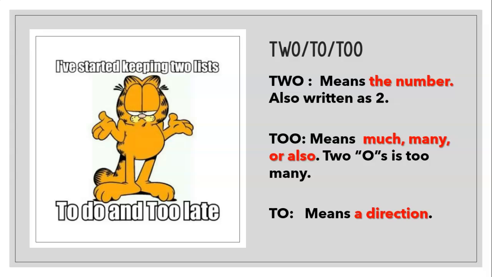That means I've had an excessive amount of Diet Dr. Peppers. I've had more than I need. Or it can mean I want to do something also. My little brother is going to Six Flags. I want to go too. I want to go also. One way to remember this word is to think, notice how it has 2 O's at the end. So I always think 2 O's is too many.